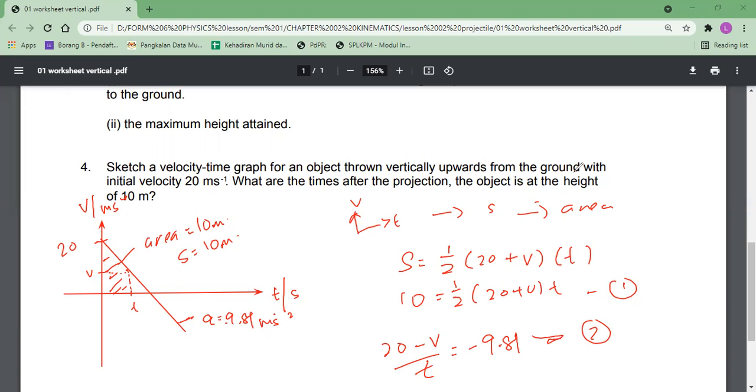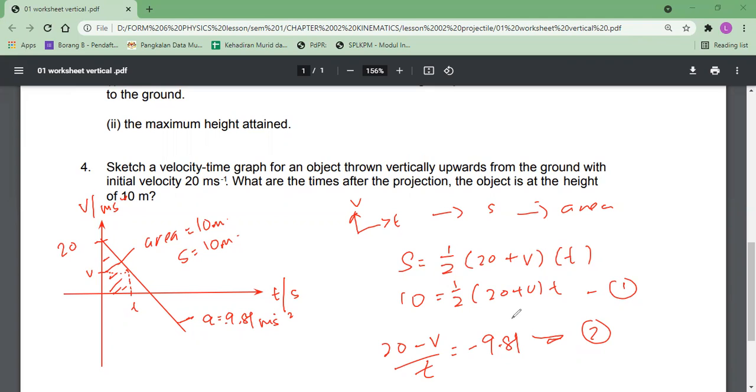Solve it by substitution. Let me see. So from here, s equal to 1 over 2 times 20 plus v, times t.